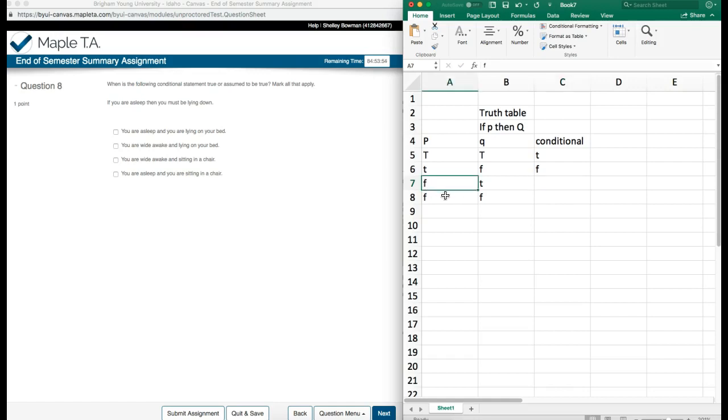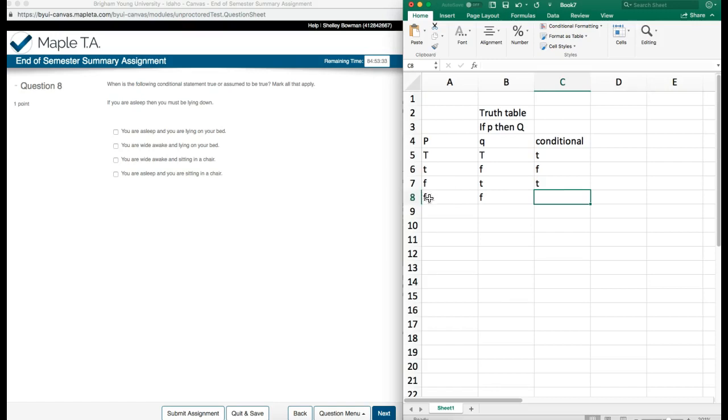Over here, this is where it gets a little tricky. If he did not take the medicine, but his headache still went away, we can't say that the medicine wasn't effective because he didn't take it. So we still have to say, yeah, it's true, because that medicine probably still would have been effective, but we can't say that because he didn't take it. Same thing here, false and false.